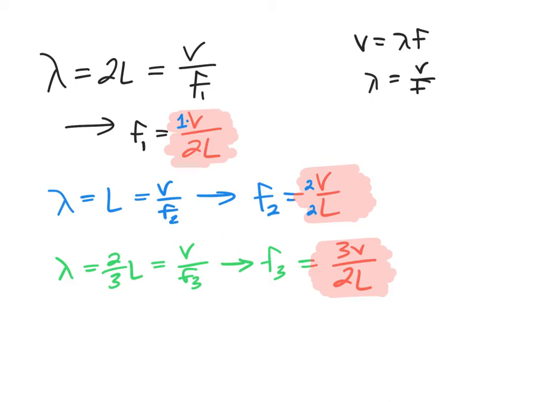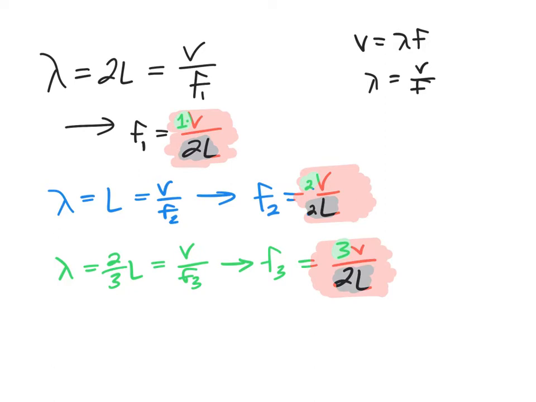So we do have this pattern where I can look at this commonality of double the length in the bottom, and then I have this pattern of a 1 times, a 2 times, and a 3 times.